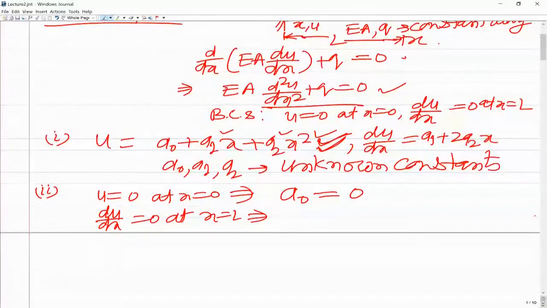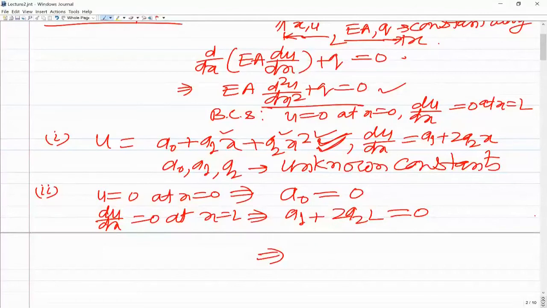Now if we put x equal to L, you will get a1 plus 2a2L, and this is equal to 0. From this you can express a1 in terms of a2, or you can express a2 in terms of a1. Either one you can do, because this is only one equation and there are two constants.